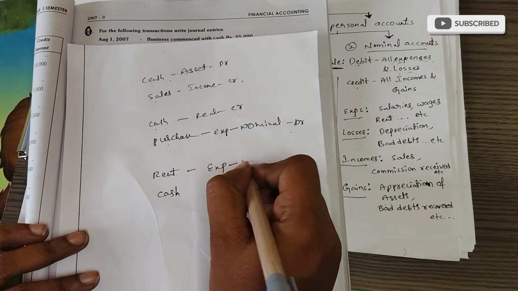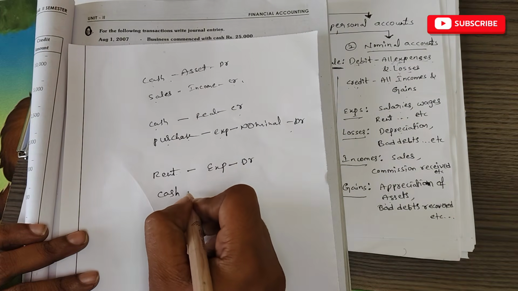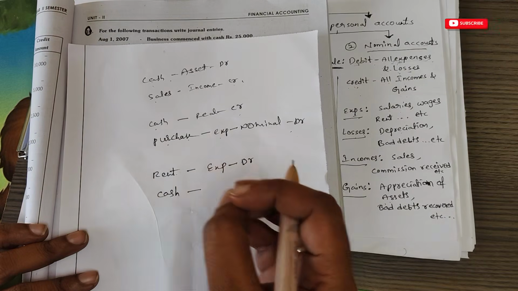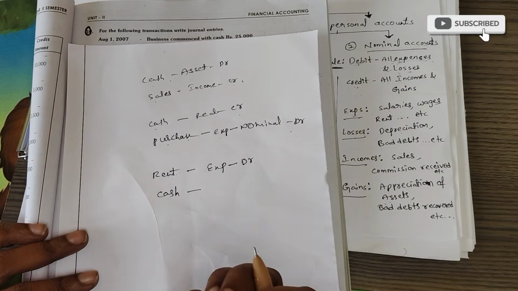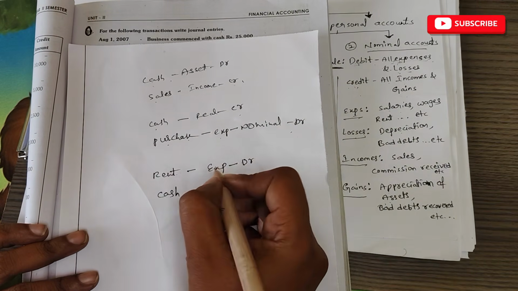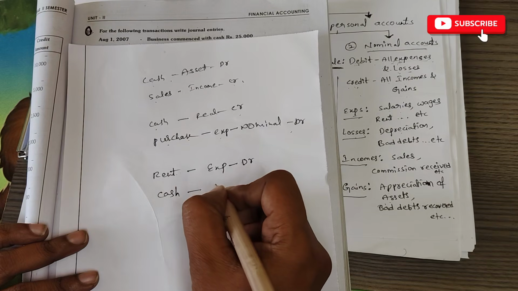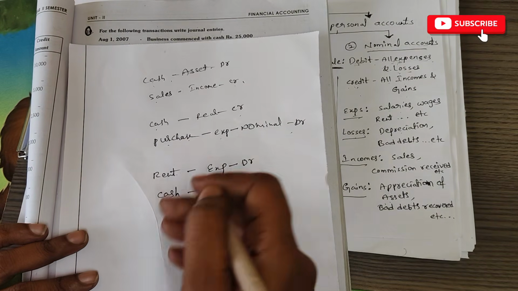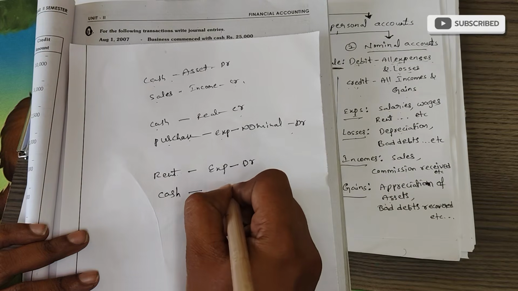So always it is debit. And cash, at the time of paying rent, cash is going out. So what comes in debit, what goes out? Credit according to real account, because cash is an asset that comes under real account. Real account rule is what comes in debit, what goes out? Credit. So it is credit.